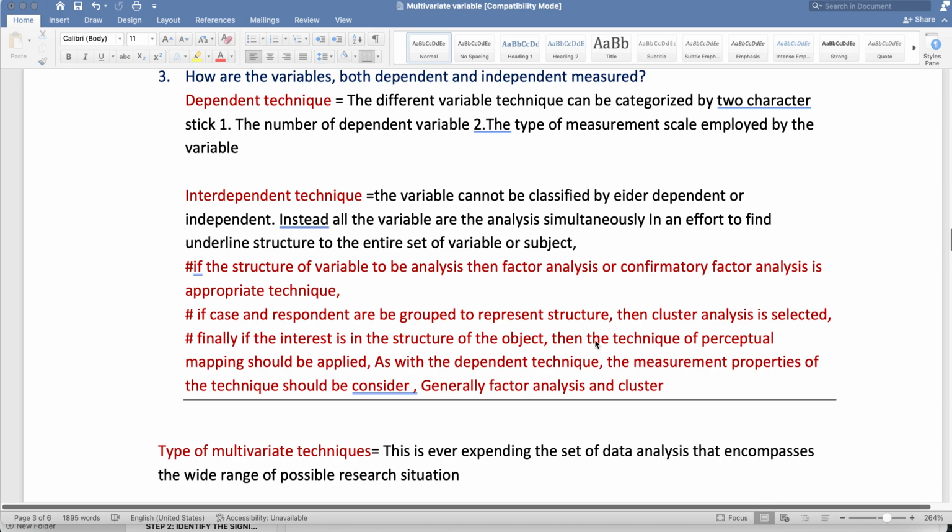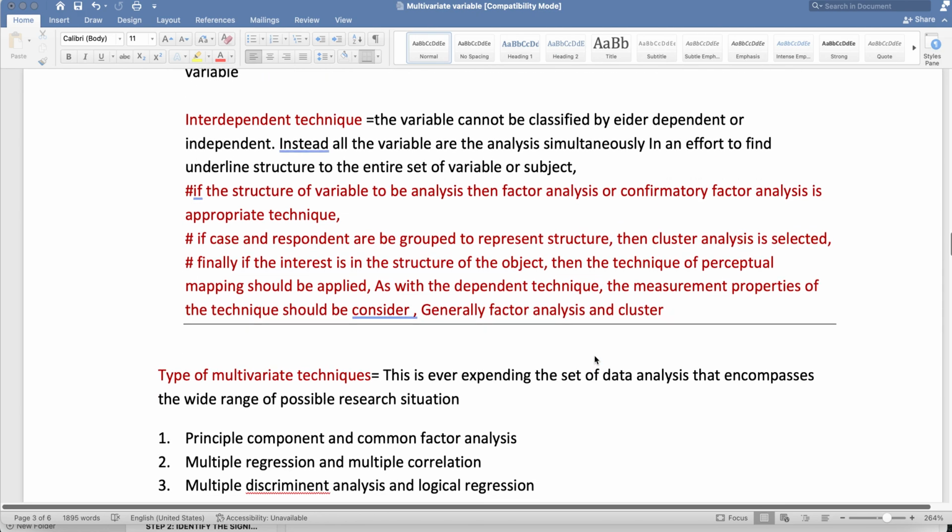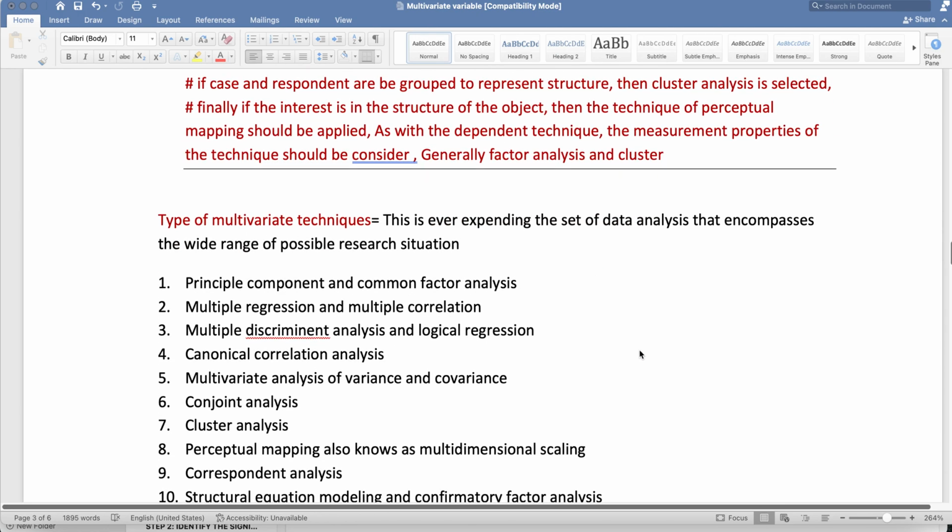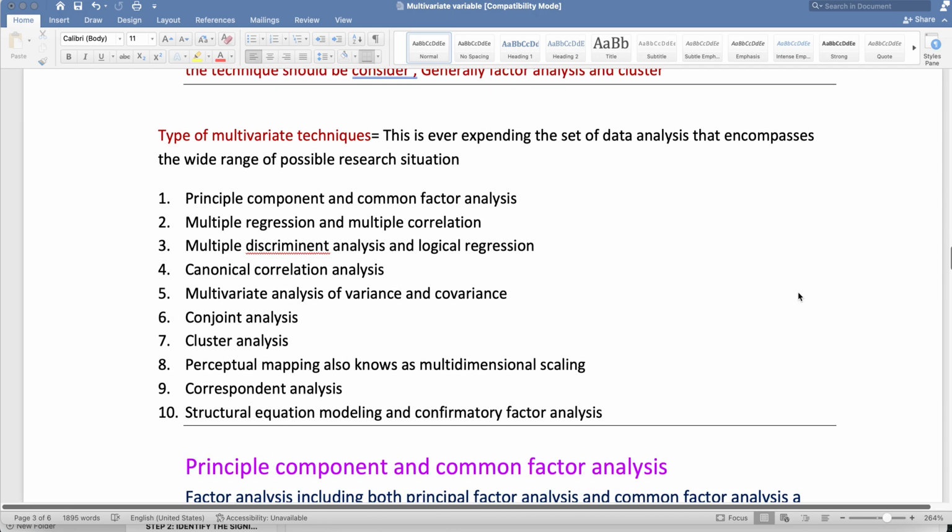Types of multivariate techniques. This is an ever-expanding set of data analysis techniques that encompasses a wide range of possible research solutions. Number one, principal component and common factor analysis. Second, multiple regression and multiple correlation. Third, multiple discriminant analysis and logistic regression.